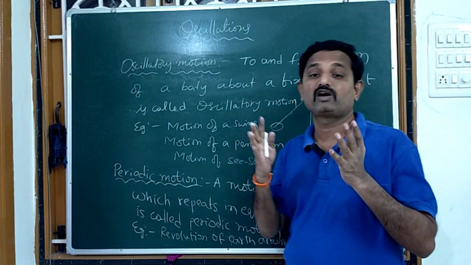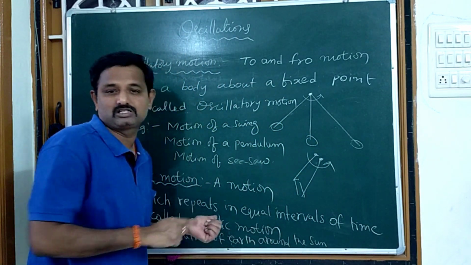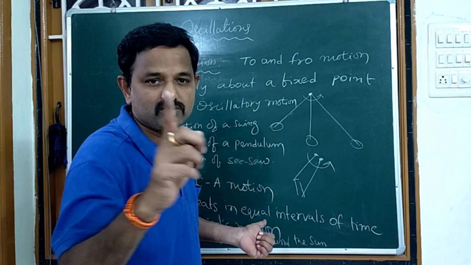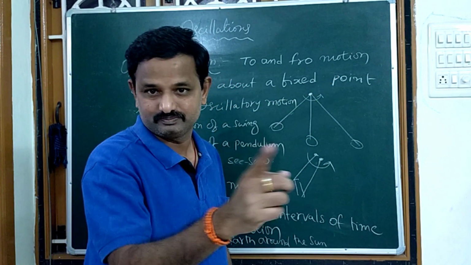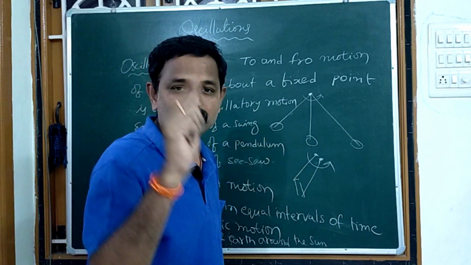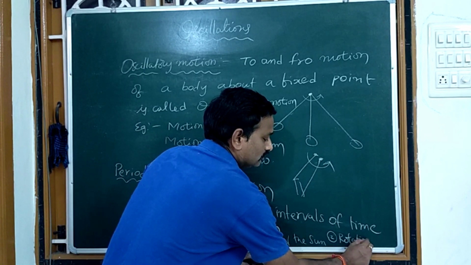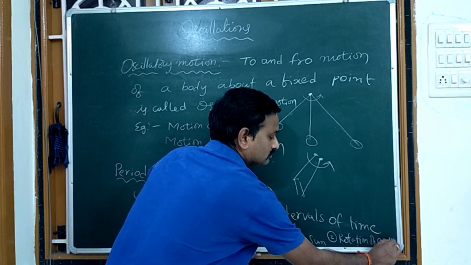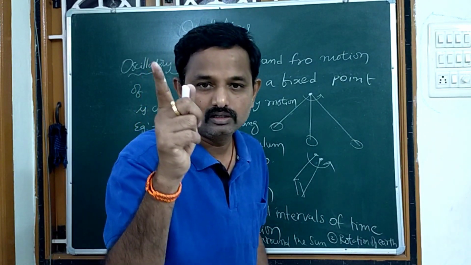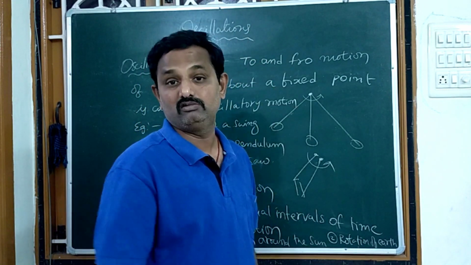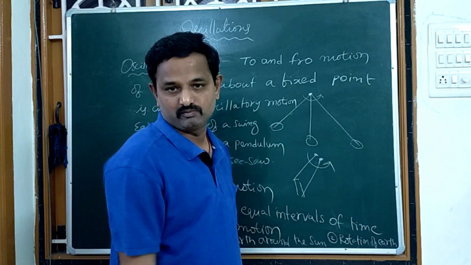That is 365 days, that is 1 year. That means it repeats its motion in equal intervals of time. For every 365 days, Earth repeats its motion around the sun, so it is a periodic motion. Another one is the rotation of Earth. For one rotation, Earth takes 24 hours. So the rotation of Earth is an example of periodic motion.